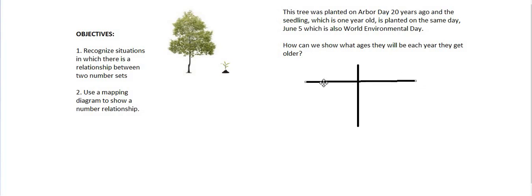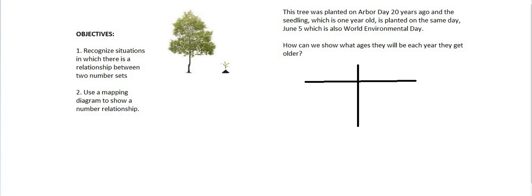All right. So we have our table. Now, what are we going to do with the table? It's asking us what ages they will be each year they get older. So we want to show how their ages change as each year passes. So let's start with year 1.